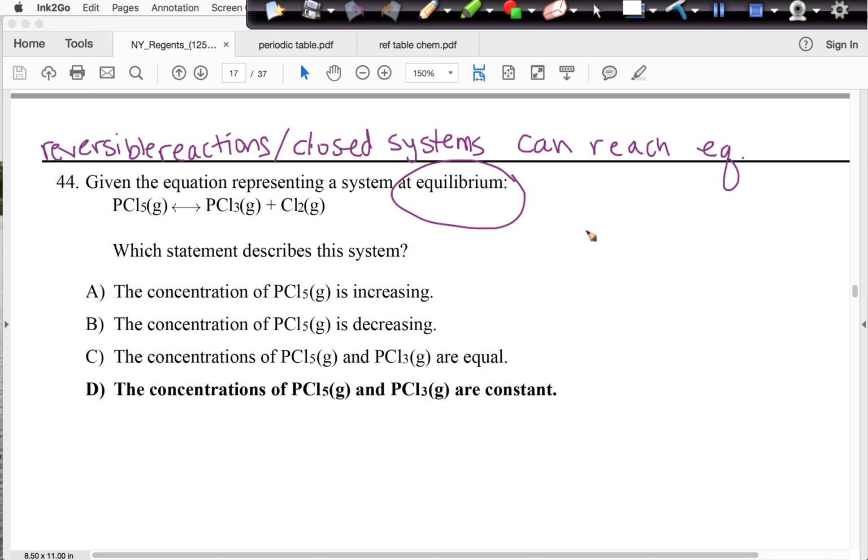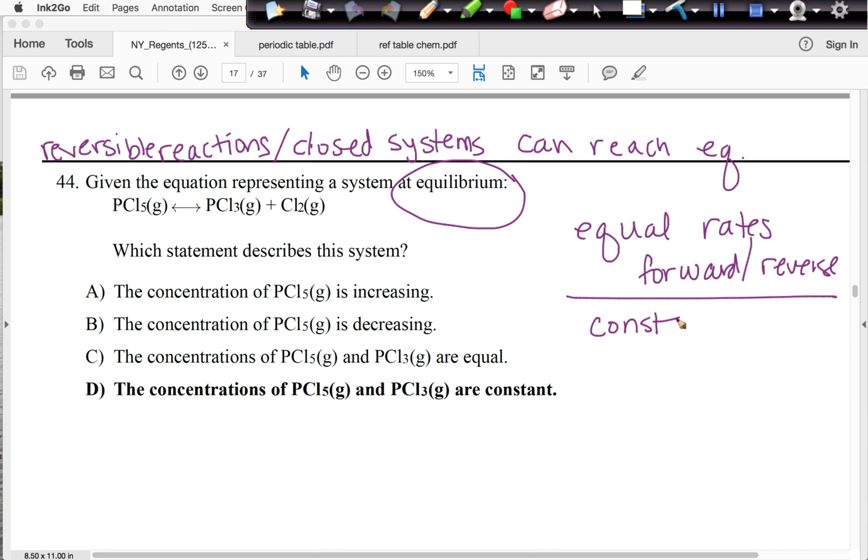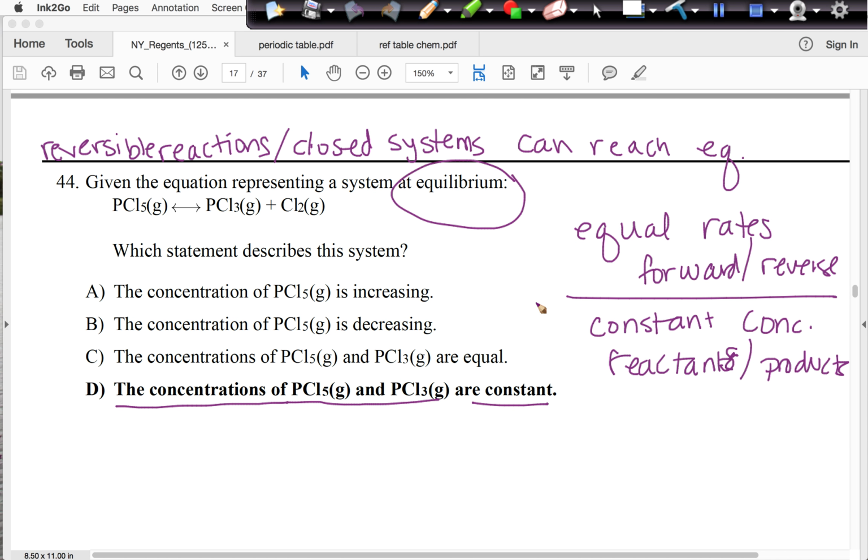And once we reach equilibrium, we have equal rates of the forward and reverse reactions and constant concentrations of reactants and products. So we're looking for the choice. So concentrations are constant. Rates are equal. Concentrations are constant.